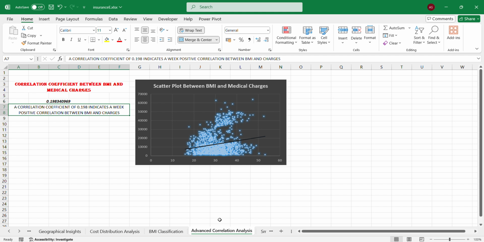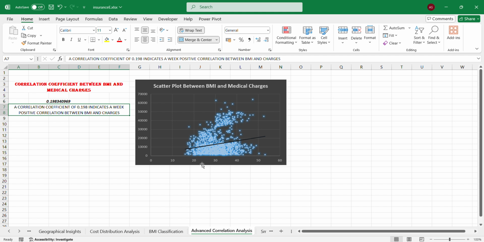And then advanced correlation analysis. There is a scatter plot between BMI and the medical charges, with a correlation coefficient of 0.198, which indicates a weak positive correlation between the two.